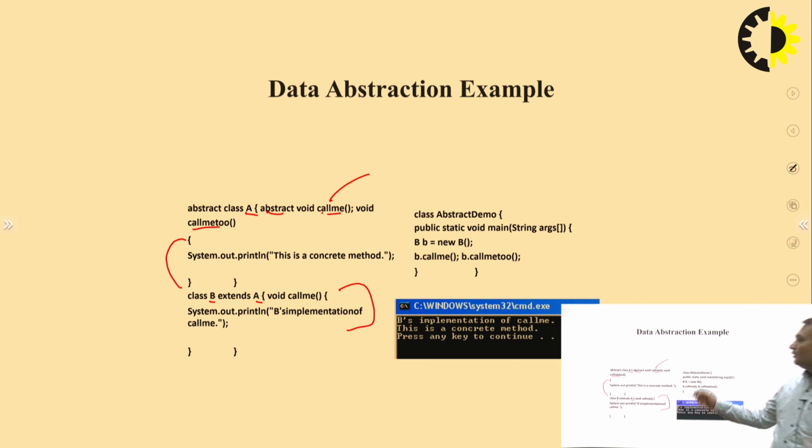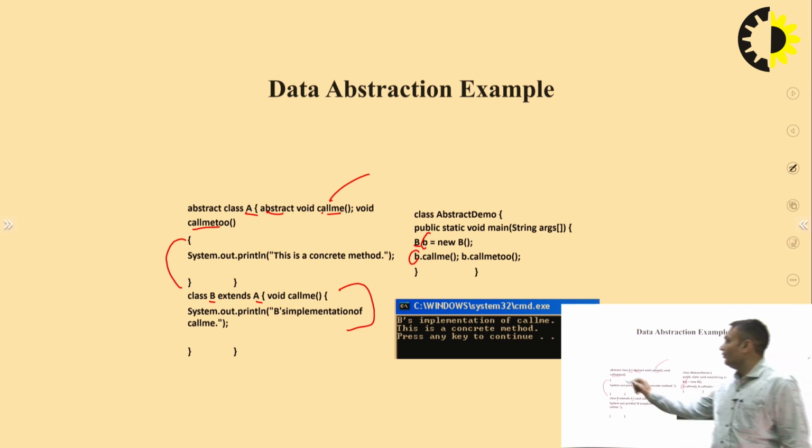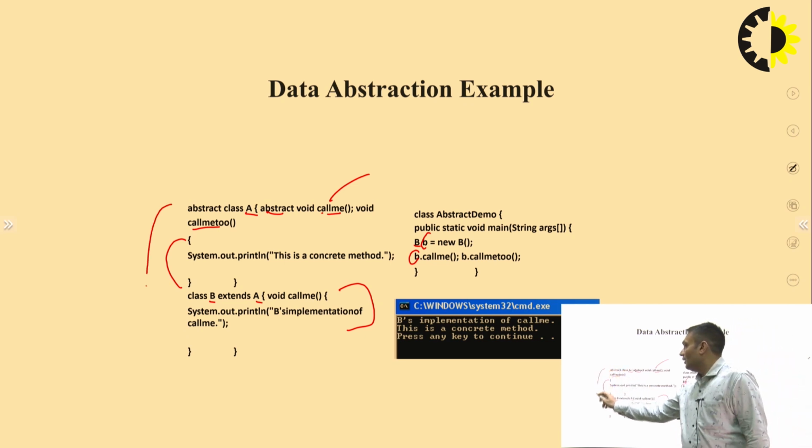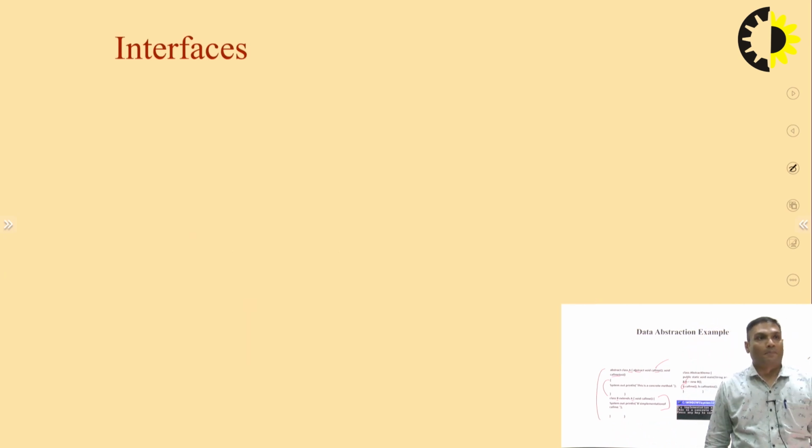Now we can create the object of B. We can't create the object of A because A can't be instantiated. We will create the object of B, and with the help of the object of B, we will call the methods callme and callme too. So in this example, we can see data abstraction can be achieved with the help of an abstract class.